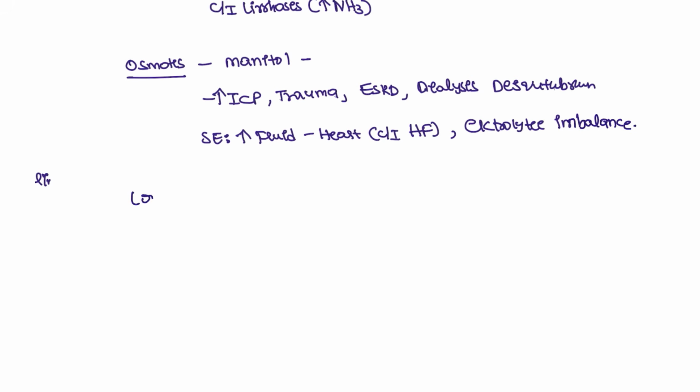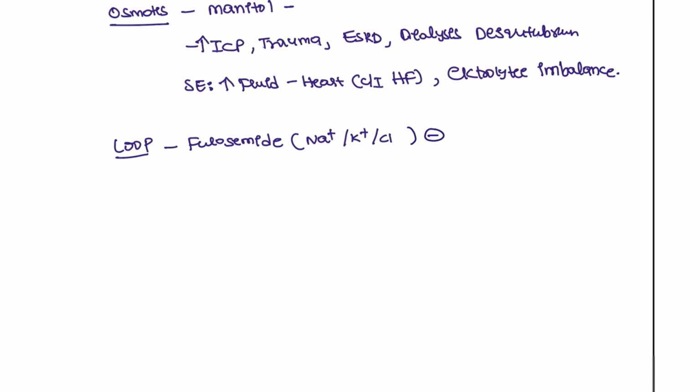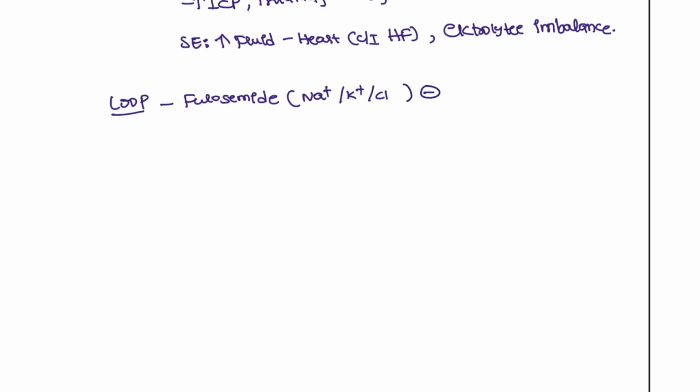Next one, loop diuretics. The common drug is furosemide, and the mechanism of action of furosemide is that sodium, potassium and chloride are all blocked in the thick ascending loop of Henle. And where is it given, guys? This is given in patients with hypertension, pulmonary edema, congestive heart failure, and also those suffering from CKD, and edema patients also we can give this drug.